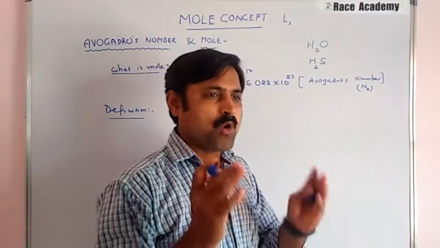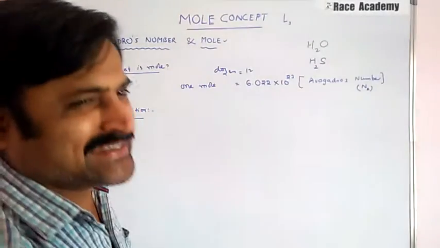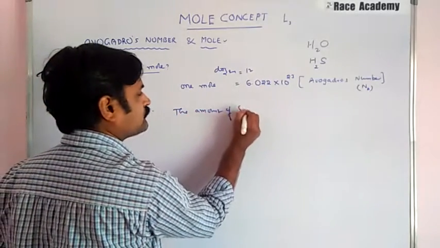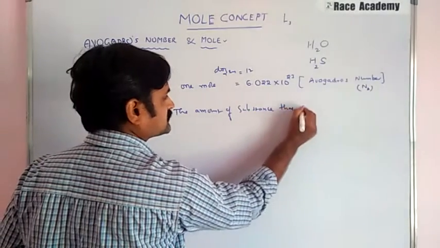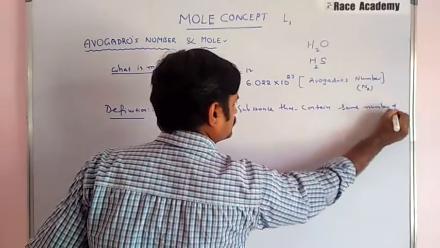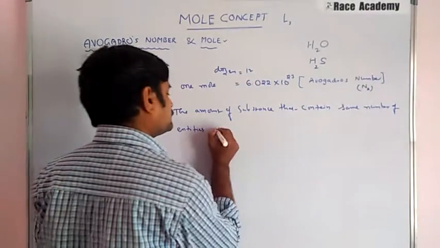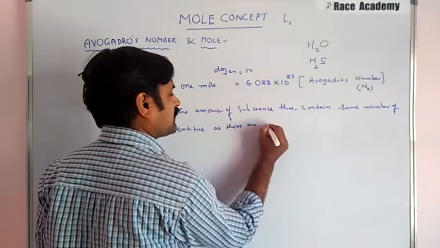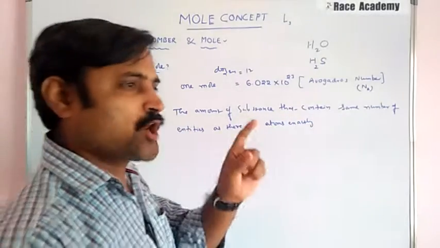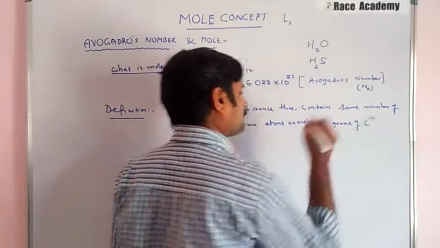The amount of substance that contains the same number of entities as there are atoms in exactly 12 grams of carbon-12.